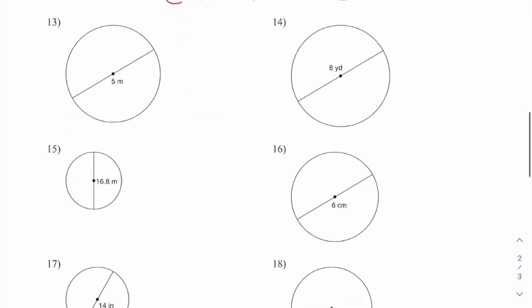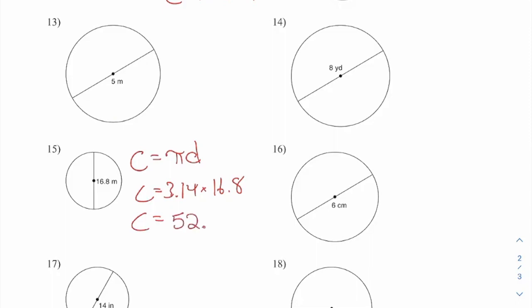And we'll pick this one, I guess. C equals pi times D. C equals 3.14 times 16.8. 16.8 times 3.14 equals, there's a large number, lots of digits, 52.752. That's going to round to 52.8 meters.